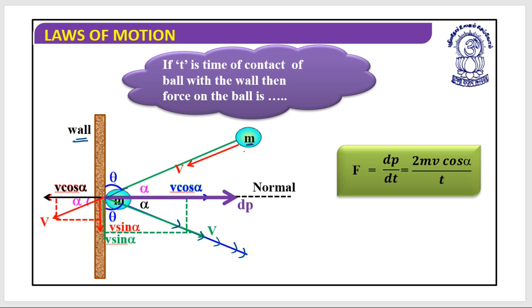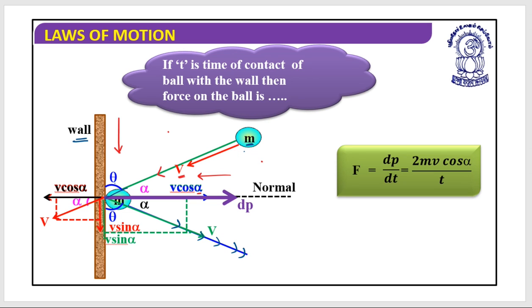So if I write the cos component and sine component, let's look at this. This is the velocity v. If I write the cos component of this, it's v cos theta, and this is v sin theta. If I write this with respect to alpha, let me replace theta with alpha.